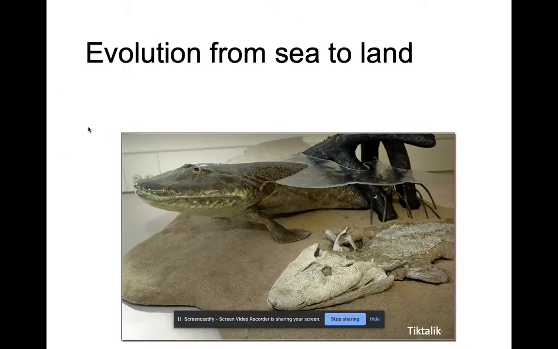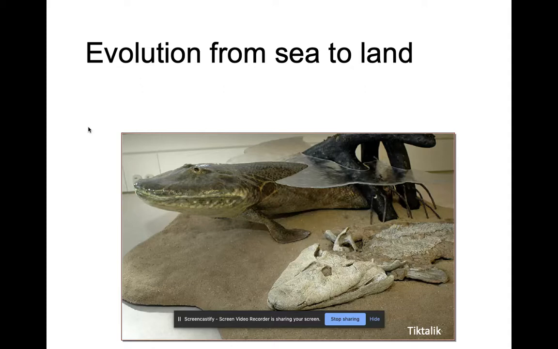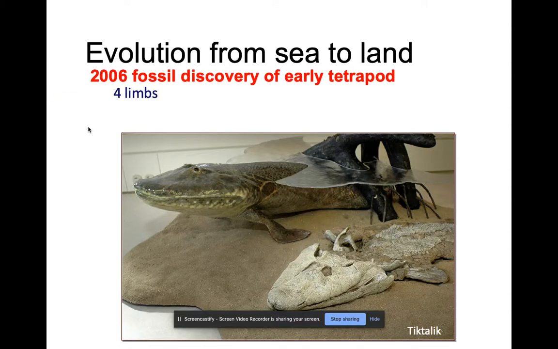Obviously, they have to have some type of lungs, and they actually have two lungs, a right and a left. Those lungs allow them to breathe atmospheric oxygen and really set up the evolution of tetrapods.